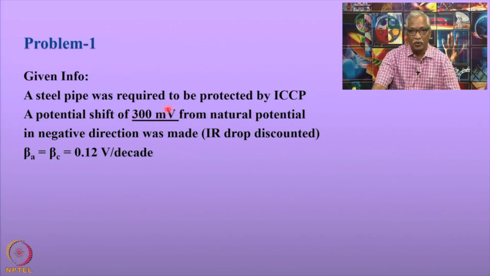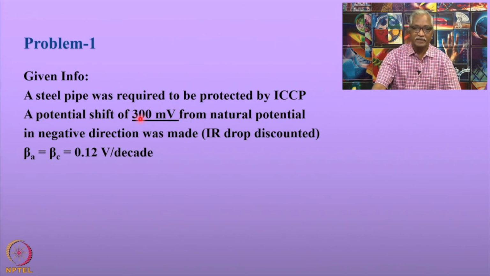Now, the 300 millivolt that we talk about is not an off potential, it is essentially with the IR drop discounted. So, this potential is the actual polarized potential applied onto the metal surface.